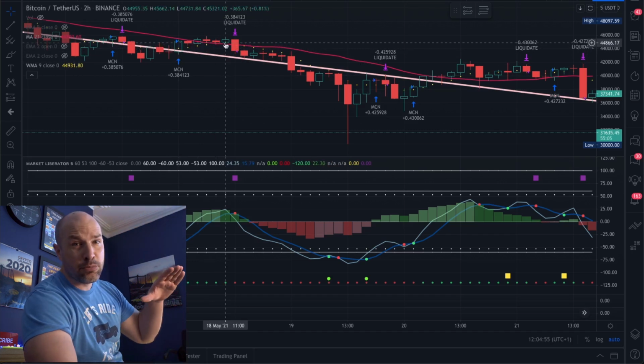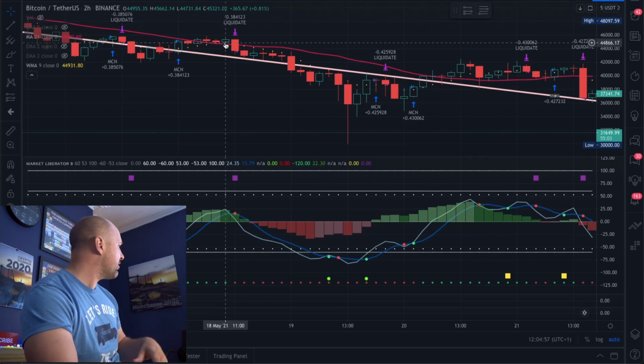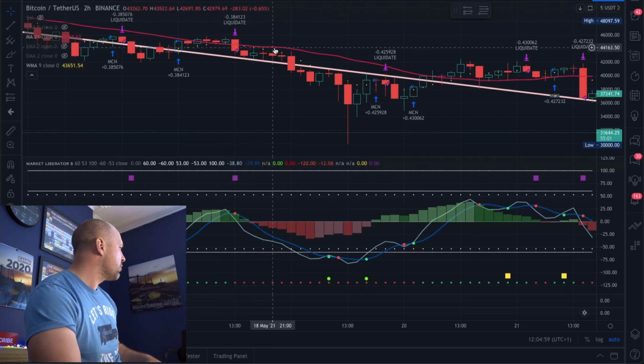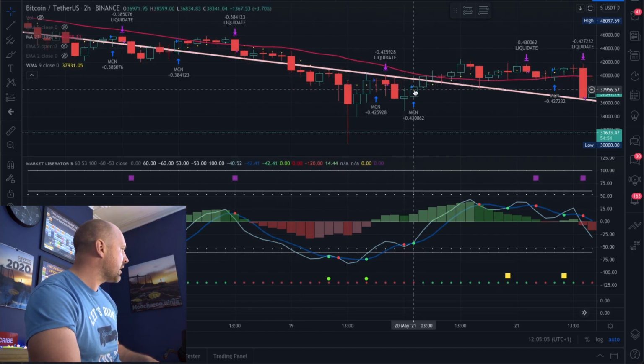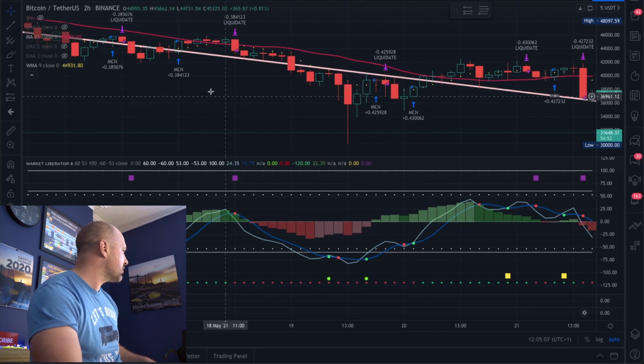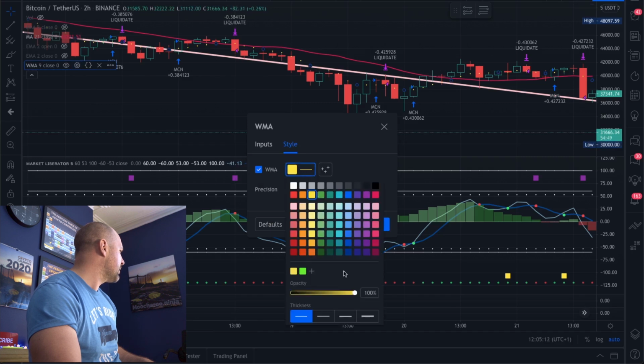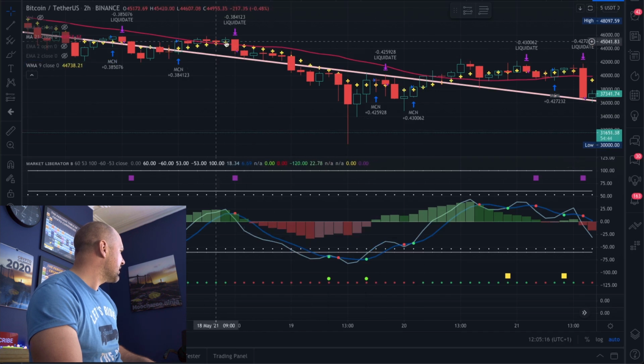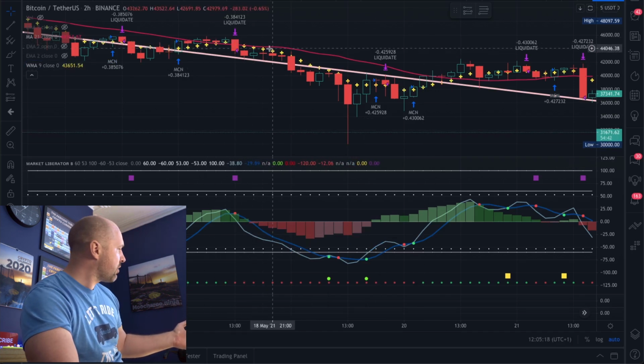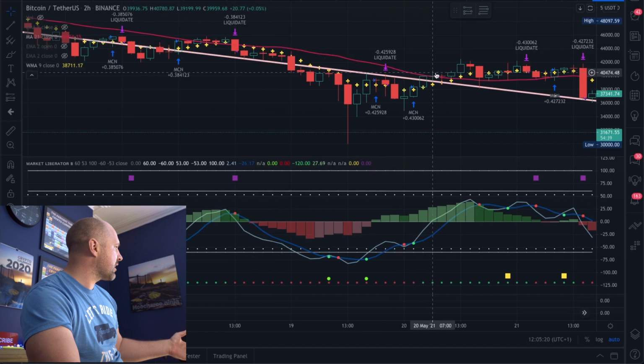As that weighted moving average starts to creep back down again, you can see we've got some red dots all the way down, until we get to another green dot. This is where again those little yellow crosses start to move up. In fact, if we can just make those a little bit bigger, you may be able to see them a bit better. There we go. So you can see that they've come down in line with the red dots at the bottom and then start going up with the green.